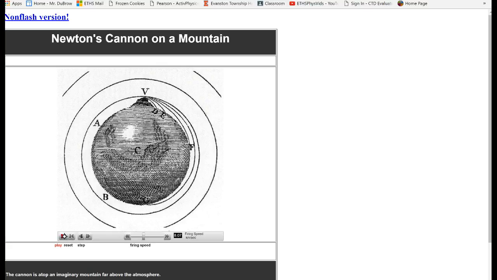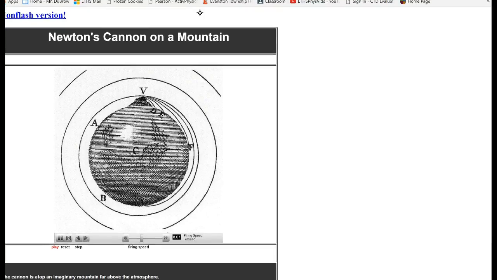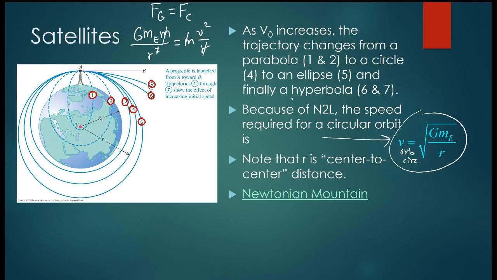This doesn't want to work right now. Okay, well, in any case, we can go back to this a little bit later, but we can see that as you increase the speed, we go from a parabola to a circle and then into an ellipse.